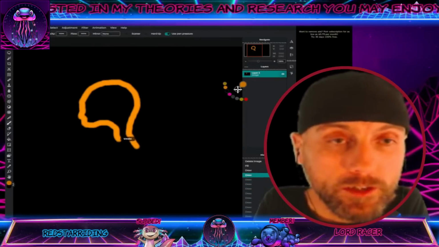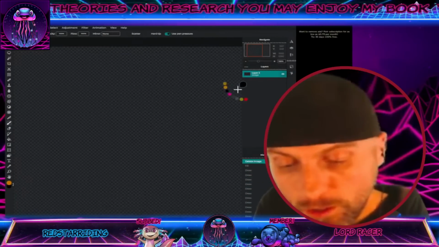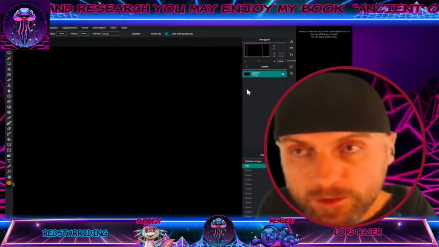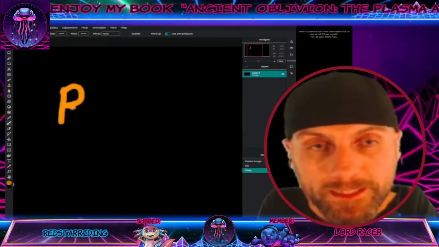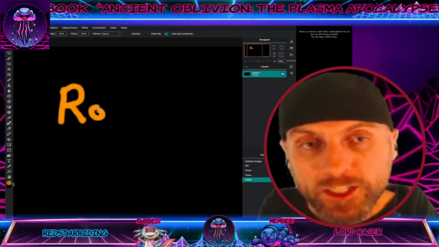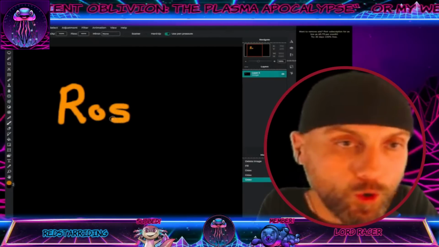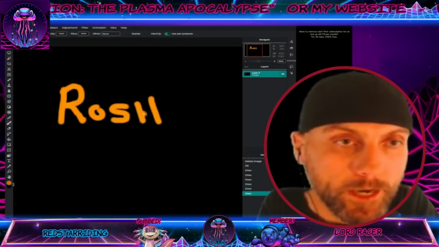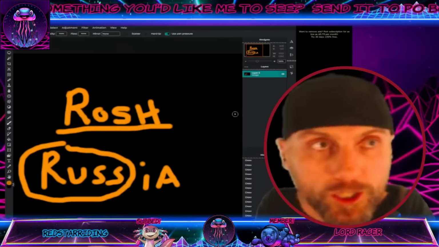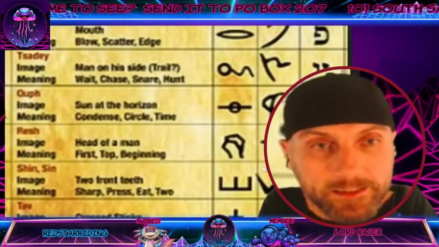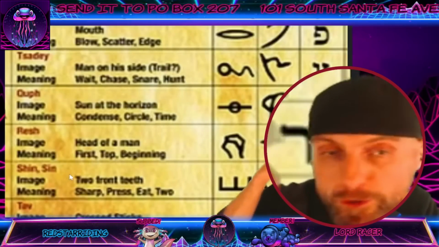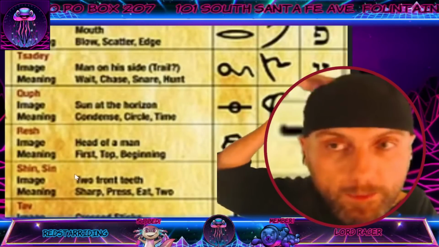Or you could also say Rosh, right? Because the vowels are pronounced in different ways. Rosh means head. And by extension, the top of something. Rosh, right? The land at the top is Russia, and that's what that implies. Rush or Rosh meant the head, the top, the head of a man, the first thing, right? The top thing. All right.